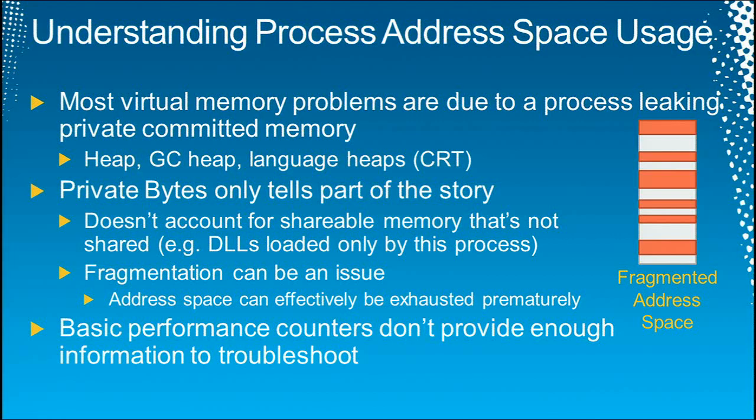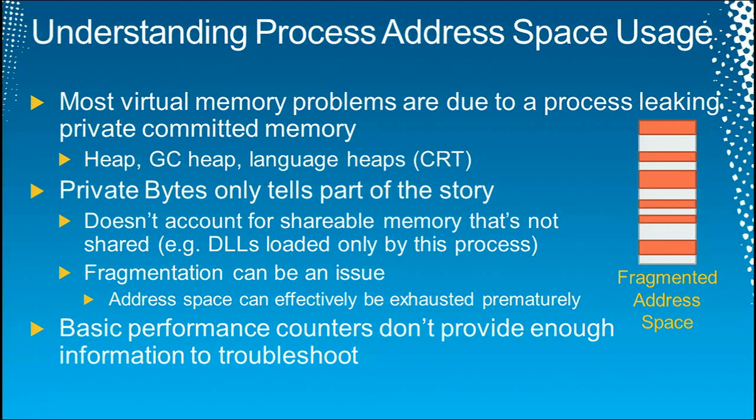Shared memory is only useful if you're sharing it. The same thing goes with images. Images won't show up in private bytes. If you've got foo.dll, but you're the only process that loads foo.dll, it doesn't show up in private bytes, and yet foo.dll's impact, its code and data that's mapped into your address space, is impacting you and nobody else. It's not like you're sharing that with anybody else.